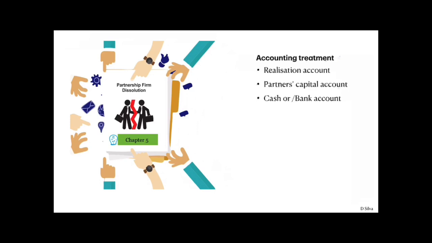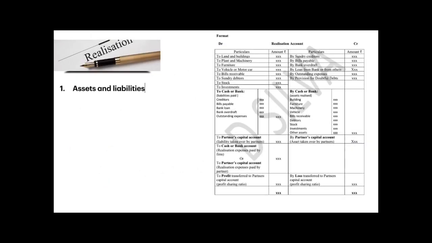Realization account. In my previous video, I have very well explained to you on how to prepare this account. So a quick recap. The first step is to write the assets and liabilities in realization account in the book value. Secondly, you need to write realization of assets and payment of liabilities in realization account.